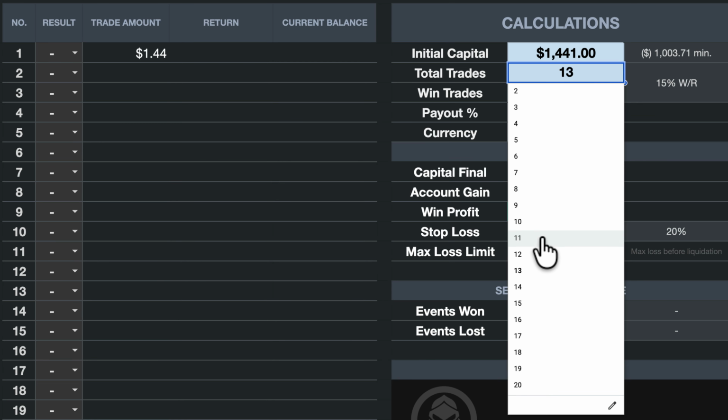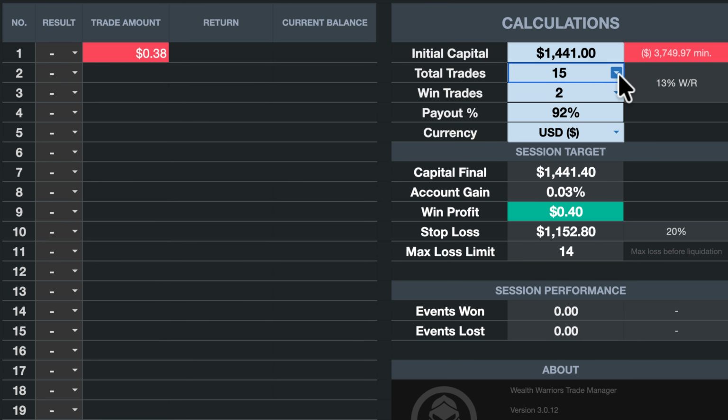Increase this number until you see this red alert appear over here, letting you know that if you want to use these settings, you're going to need more money in the platform. As soon as you put in more capital, this red alert will go away. All that red alert is doing is letting you know that you're underneath the $1 trade limit over here.